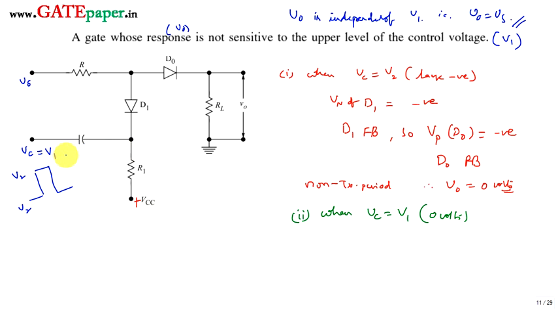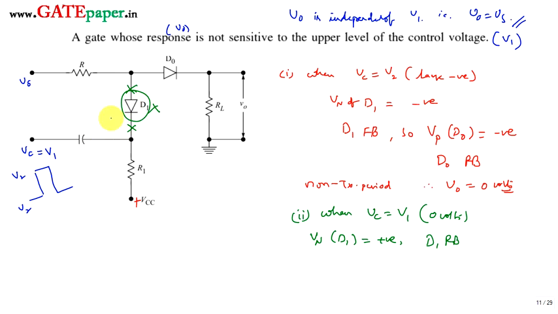Whenever you are applying 0 volts, by that time this is plus Vcc, that plus Vcc is applied to N side of diode 1. So the voltage on N side of diode 1 is going to be now positive voltage. So diode 1 is reverse bias. When diode 1 is reverse bias, it acts as open circuit. So simply you can remove this diode.